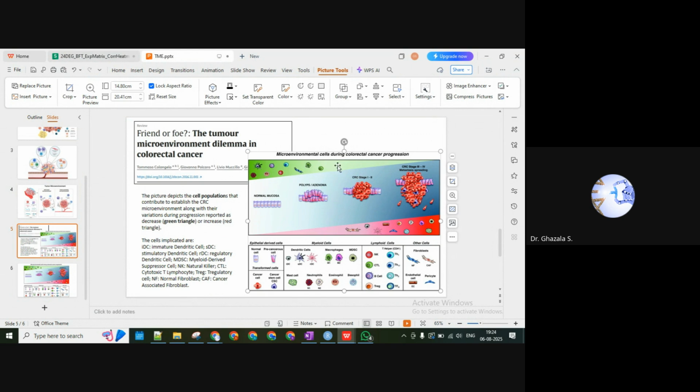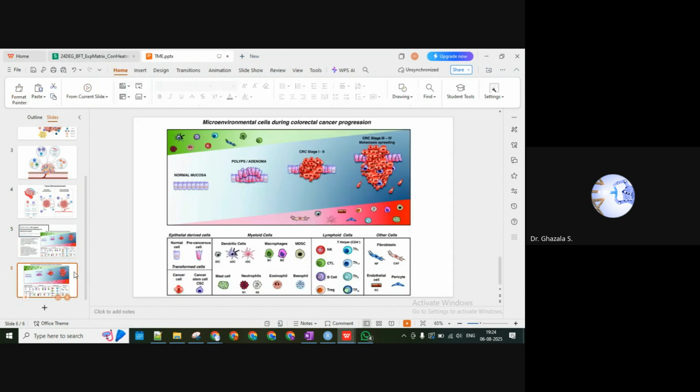As the stages increase, the quantity of the microenvironment cells or tumor promoting cells increases. In this figure, we have normal mucosa in the colon, normal cells, and also precancerous cells, which are not in malignant form.